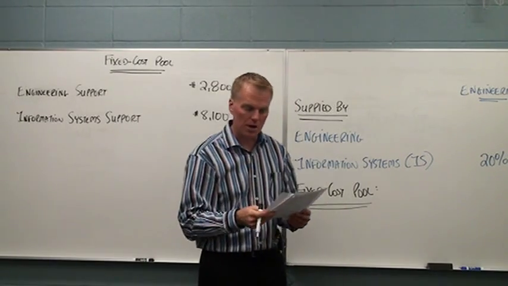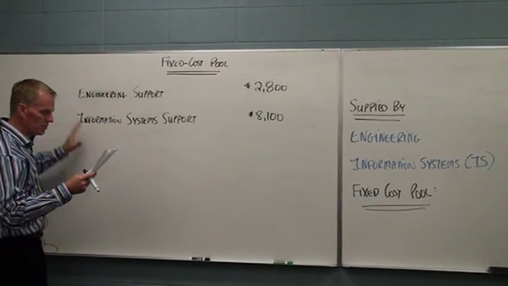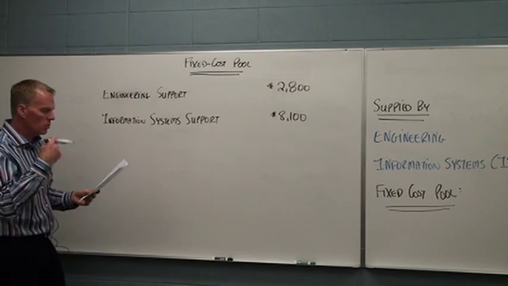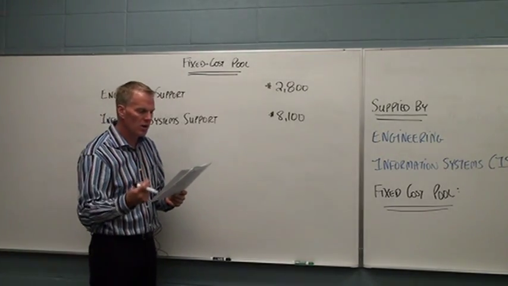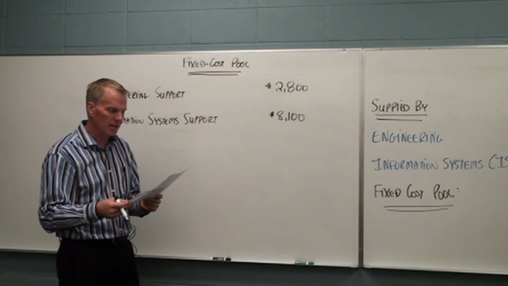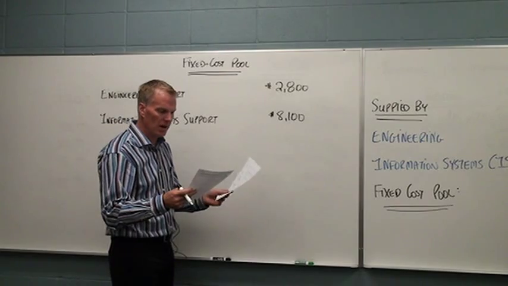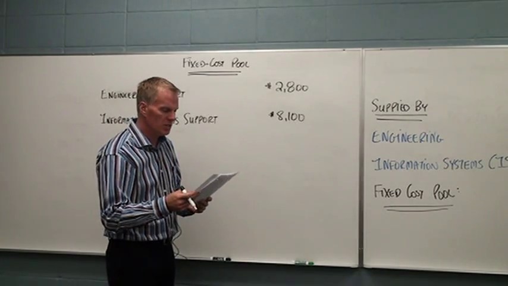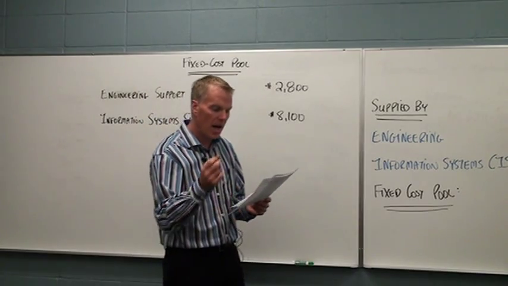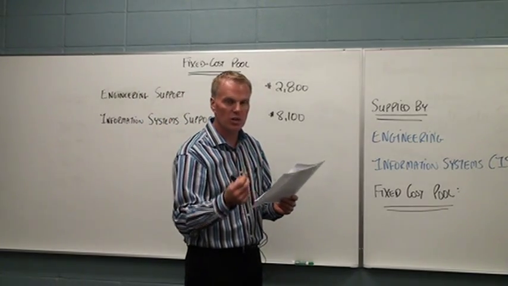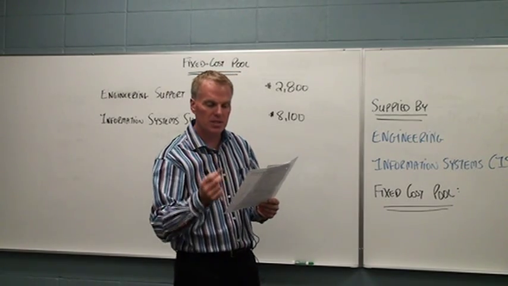So let's get started. So our fixed information and our fixed cost pool. What we want to know is how much it's costing us to have our engineering provide support and our information systems provide support, and how much we're going to allocate of that cost to our two systems, our home security systems and our business security systems.